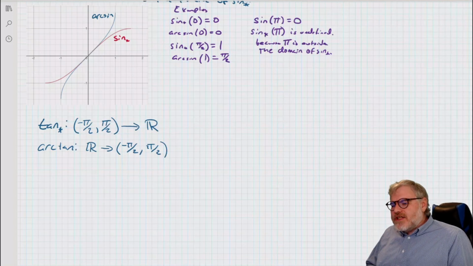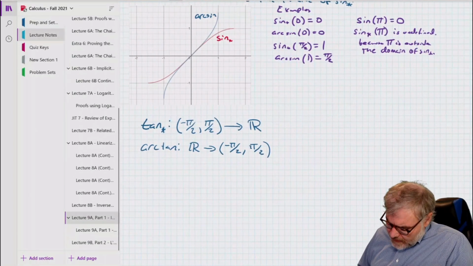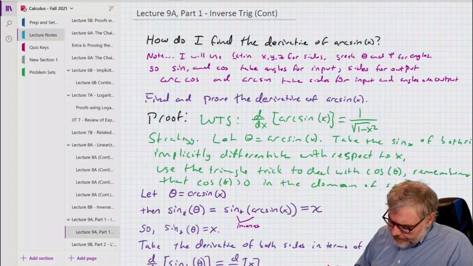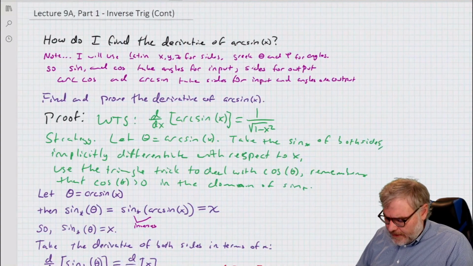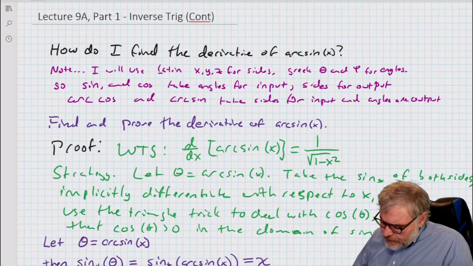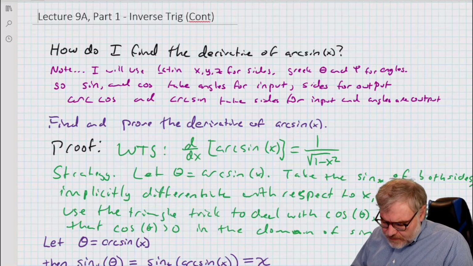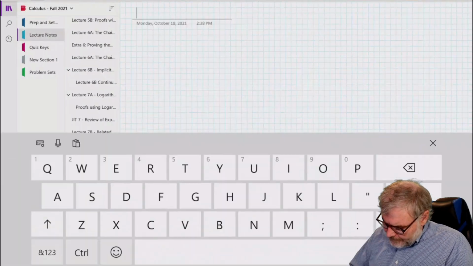Now, question: how do we do derivatives of these things? Well, let's look at both of these. Let's look at arcsine as the first one. It turns out that the derivative of arcsine of x is 1 over the square root of 1 minus x squared. And that's just our derivative rule for it.